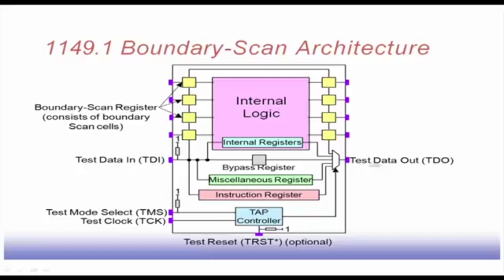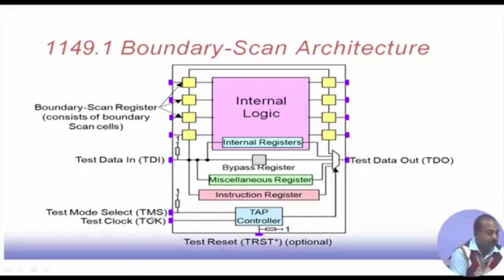Similarly, this test data output can get input from the internal registers, from this boundary scan chain, from this bypass register, from these miscellaneous registers, or from this instruction register, and there is a test access port controller, the TAP controller, which will be giving commands to this test data output to select one of these inputs.